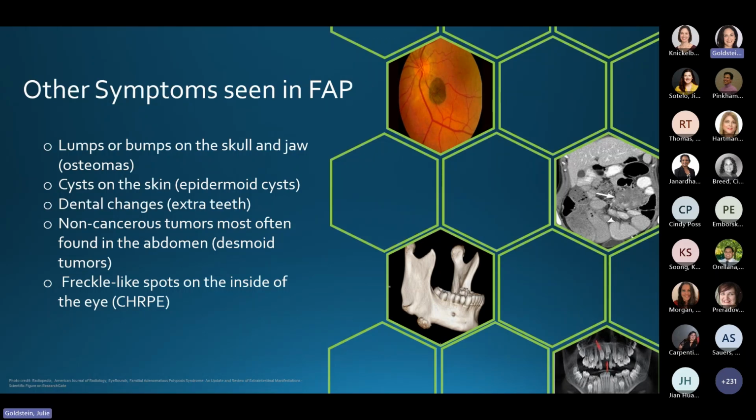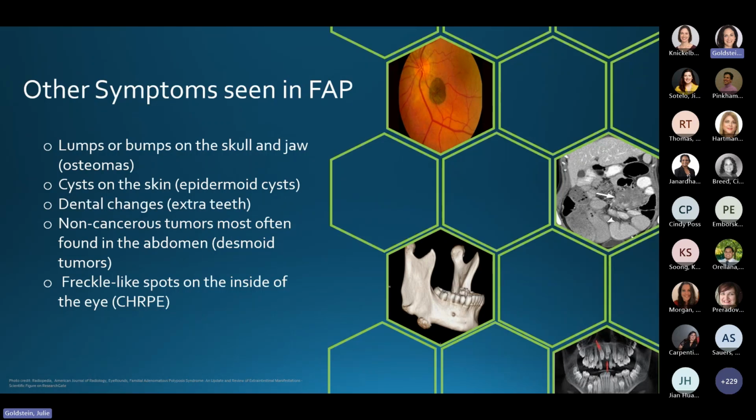You can see the picture of the jawbone on the bottom left with that growth on it. That's called an osteoma. It's basically a lump or a bump that grows on the skull or the jaw. We can see specific cysts on the skin and dental changes, specifically extra teeth. You can see on that dental x-ray at the bottom, there are extra teeth.